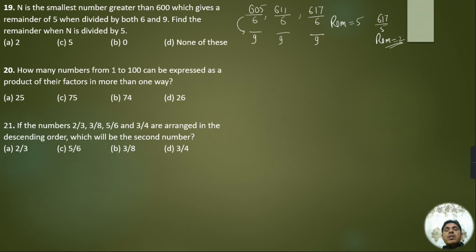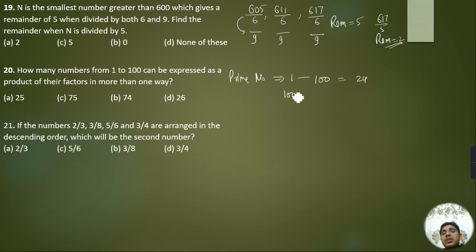From 1 to 100, the numbers that can be written as a product of their factors in more than one way are the numbers other than the prime numbers. The number of prime numbers from 1 to 100 is 25. That means other than those 25 numbers, all the others can be written as a product of their factors.